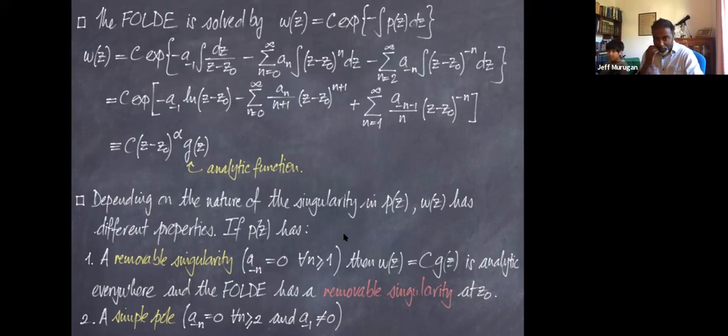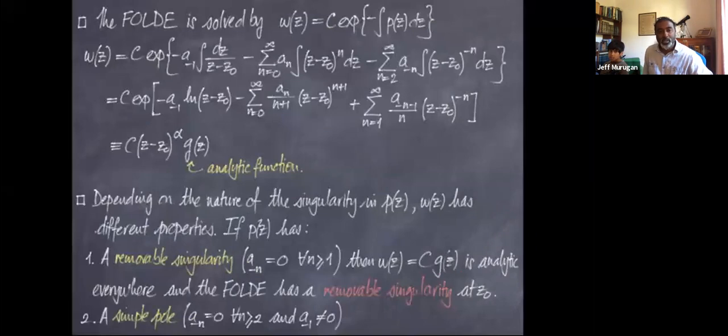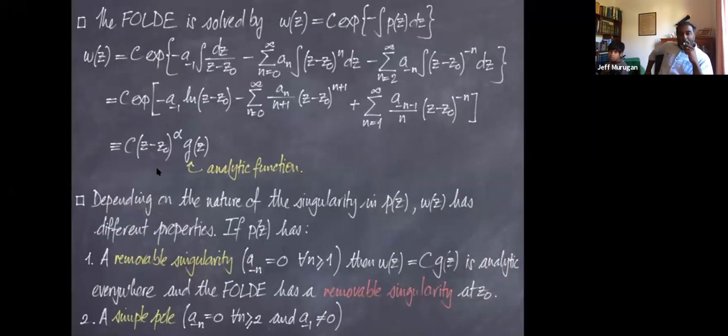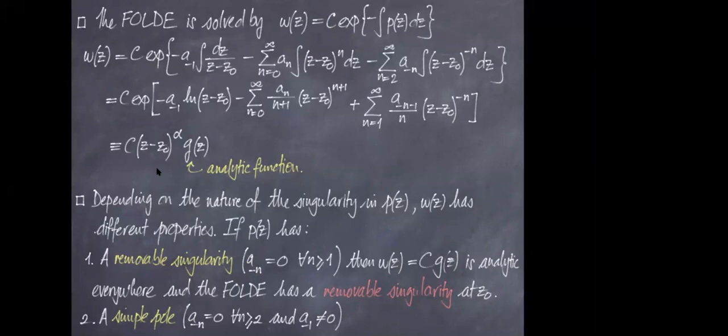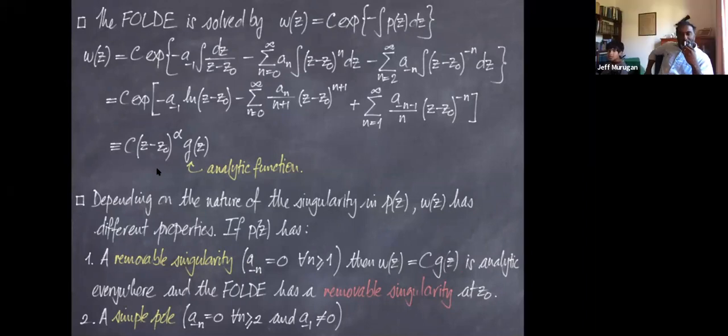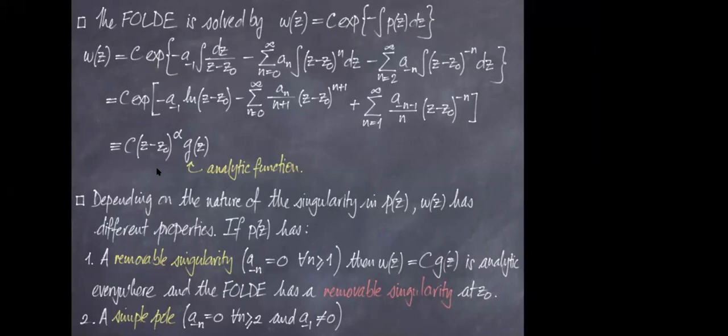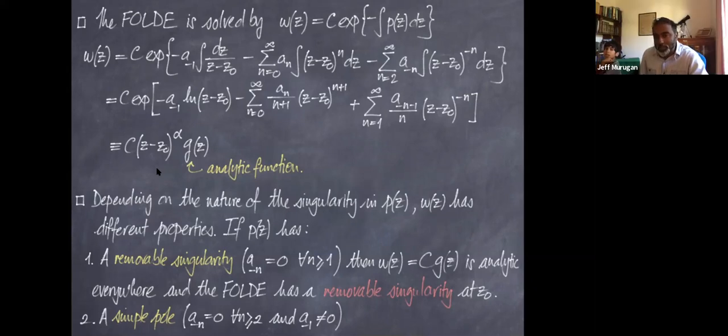Anybody? Take a guess. Wouldn't it only be in a specific part of the plane because the log couldn't have any negative inputs? Well, what kind of singularity specifically? So P of Z has a simple pole. W of Z has what?